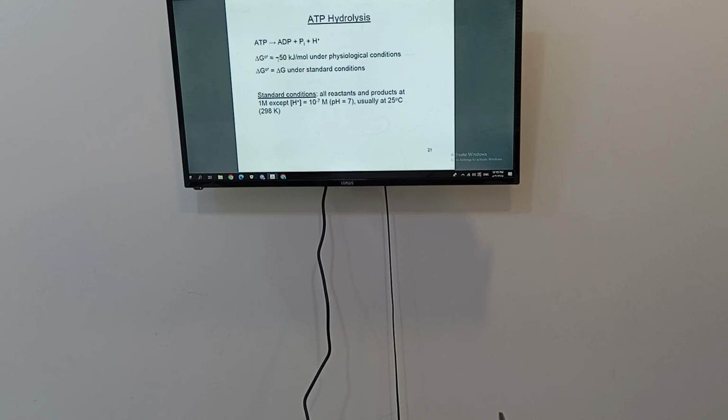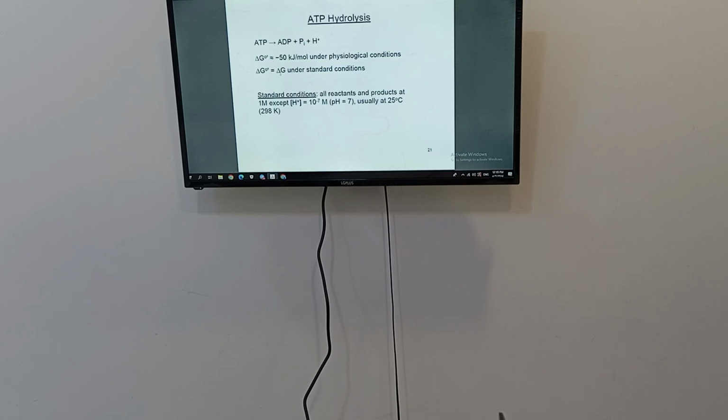Delta G equals minus 50 kilojoules per mole under physiological conditions. The value of delta G under certain physiological conditions will be minus 50.